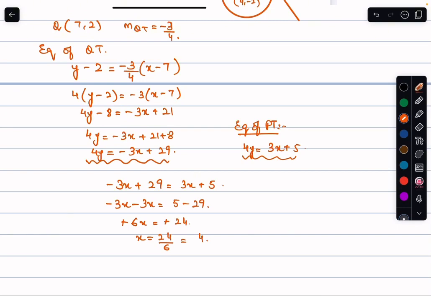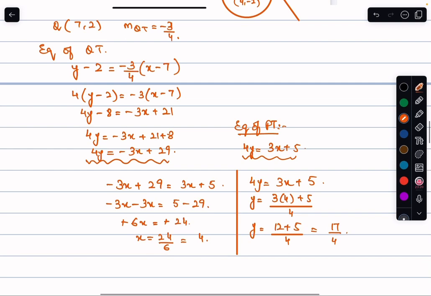So to find the y coordinate, simply substitute this 4 in any of the equations. Doing that, I can say 4y is equal to 3x plus 5. I'm using PT. So y then will be equal to 3 times 4 plus 5 divided by 4, or y is equal to 12 plus 5 divided by 4, or 17 divided by 4.